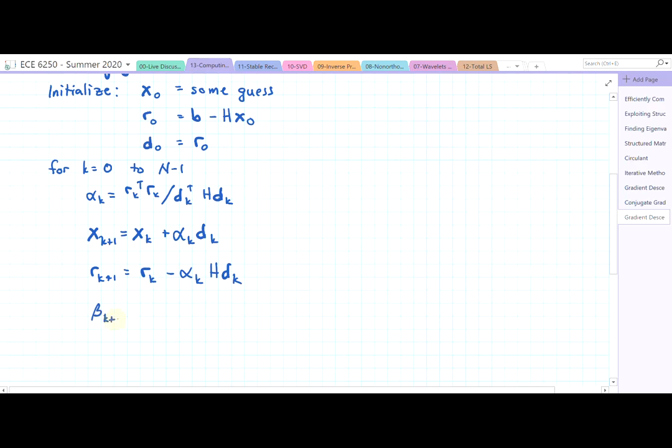And we have that beta k plus 1 is equal to, we haven't introduced the beta yet. We'll talk about it also.